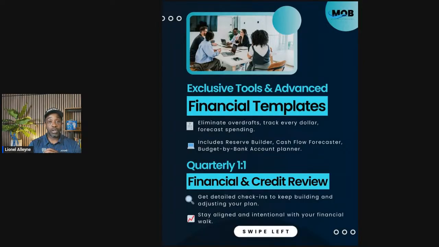All those things are included in the templates. And then we actually go into some credit review as well. So if you need some financial coaching, if you need to kind of sit down and understand how your credit works, how to influence your credit, how to leverage your credit to acquire these assets we've talked about, that's also a part of the program.